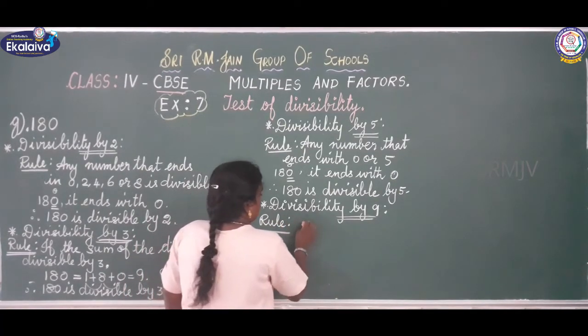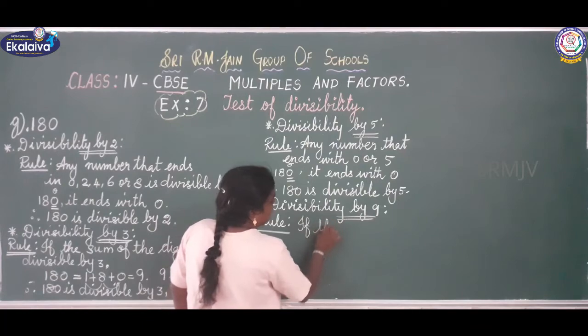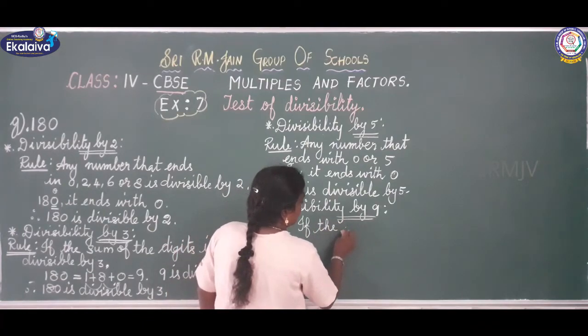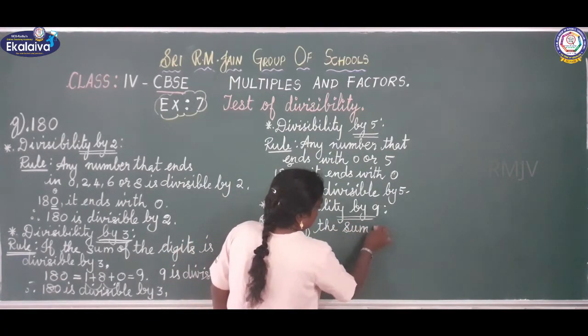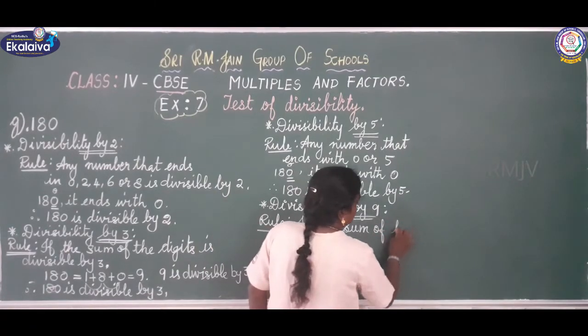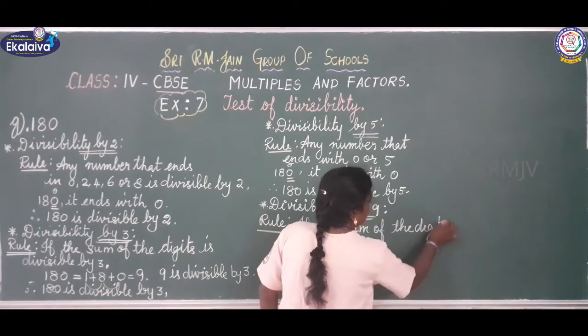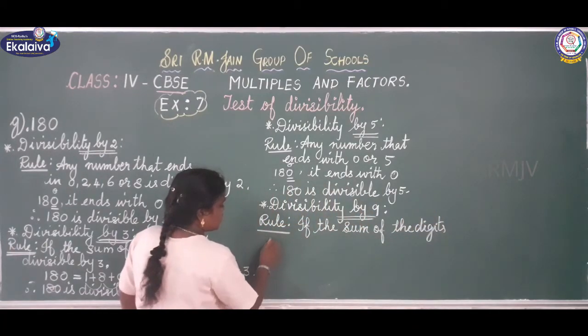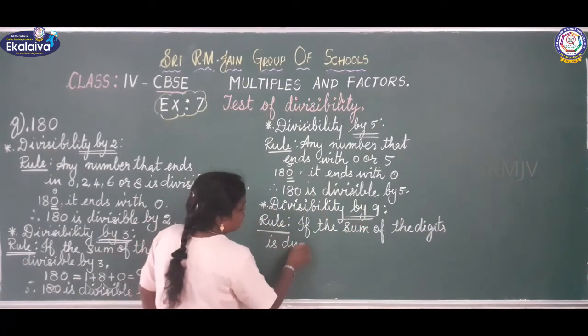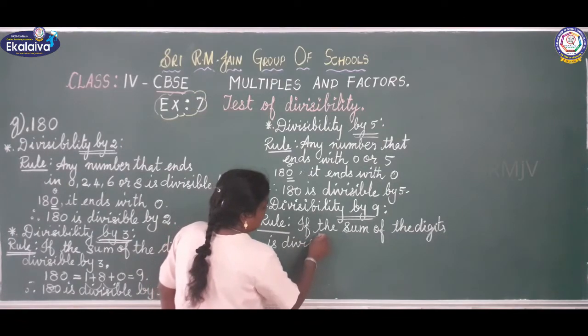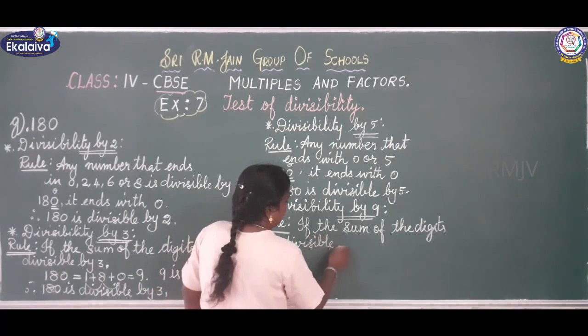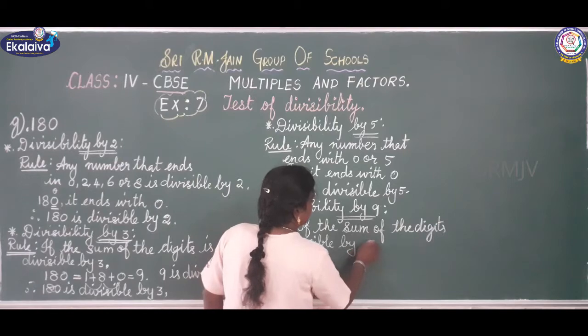If the sum of the digits is divisible by 9, then the number is divisible by 9.